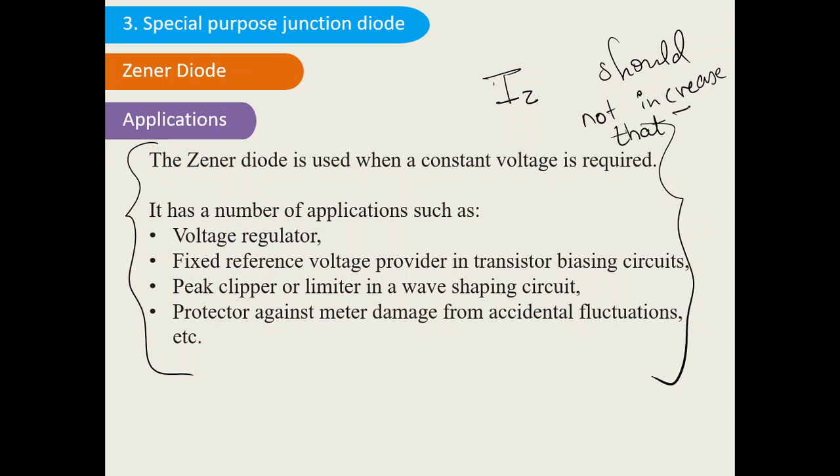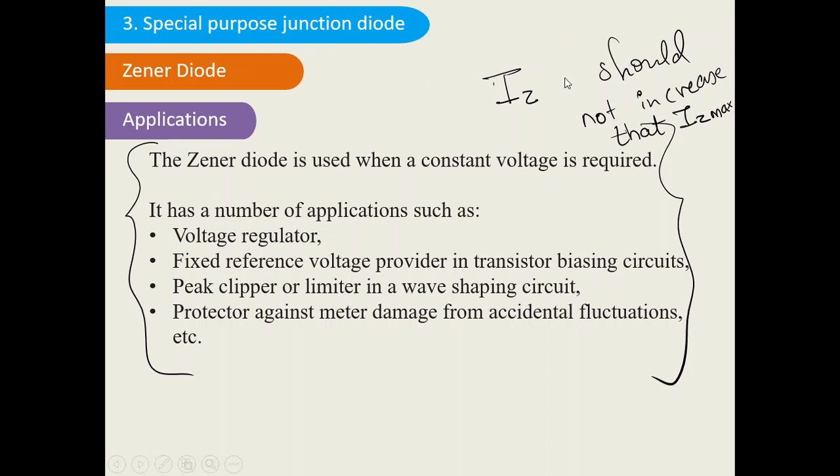If the IZ value increases beyond the IZ maximum value, it will damage the Zener diode itself. The Zener diode which was used for protecting the circuits will itself get damaged. So we should be very careful while selecting a Zener diode, while selecting the IZ maximum value, and we should be very confident that the circuit current will not exceed the IZ maximum value.